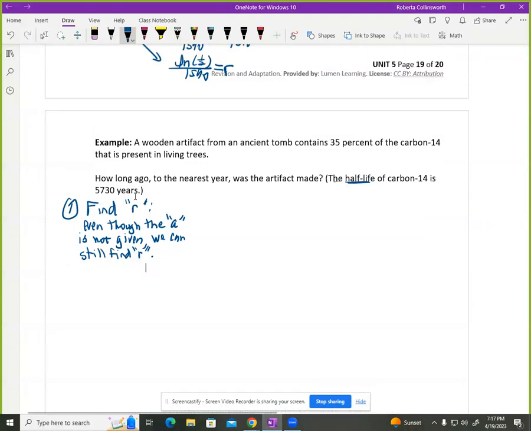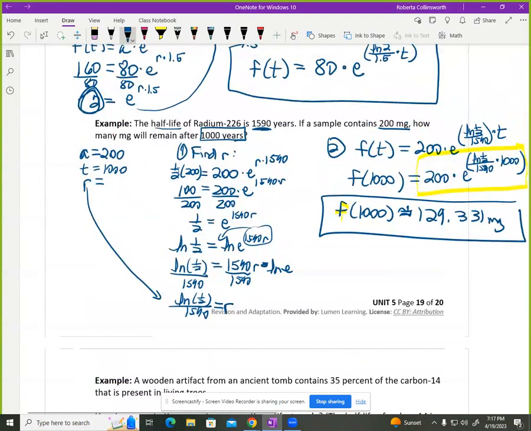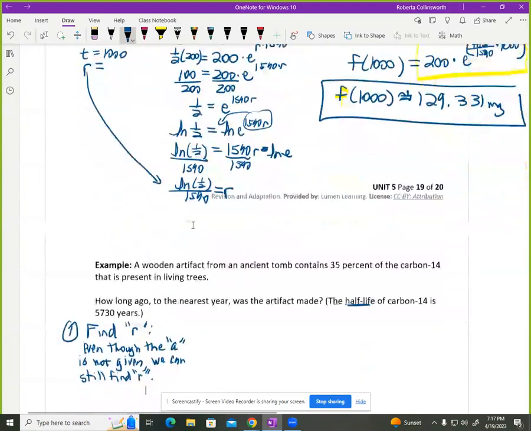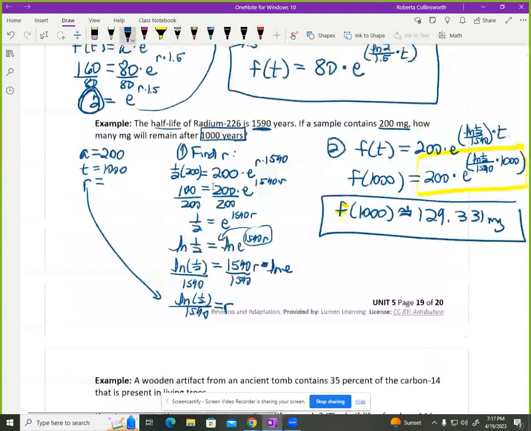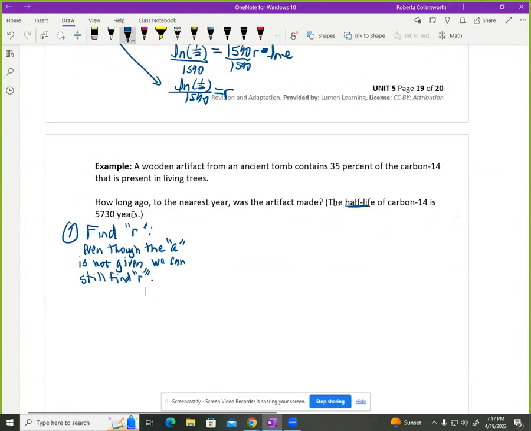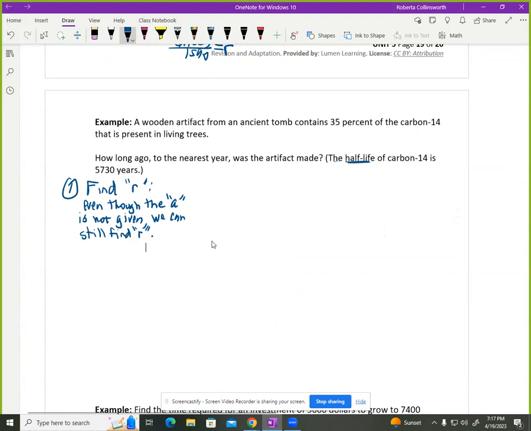Remember I pointed out up here that when we were talking about half-life, our F of T ended up being 1/2. Right? And that 1/2 was 1/2 of A. So I don't know what A is, but I do know that I can take 1/2 of whatever A is, and it's going to equal A, whatever that is, times E raised to the RT power.